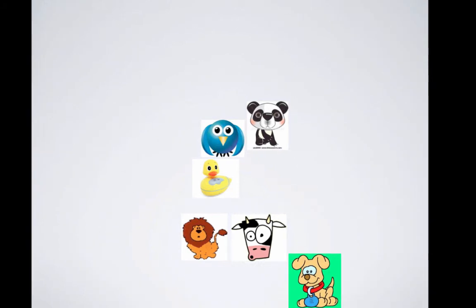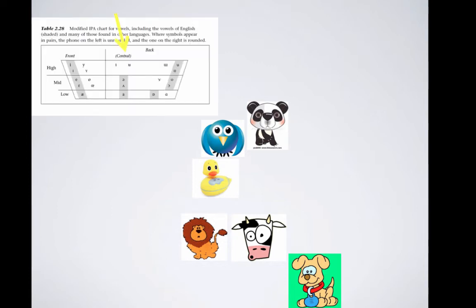Let's move to the middle. These are the sounds that are central, the vocalic sounds that are central. Here, the diagram shows us how these will be pronounced. Remember that I told you that any vowel in an unstressed position will be central. In this case, the word panda.